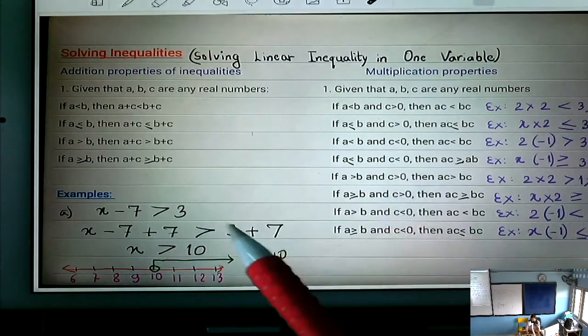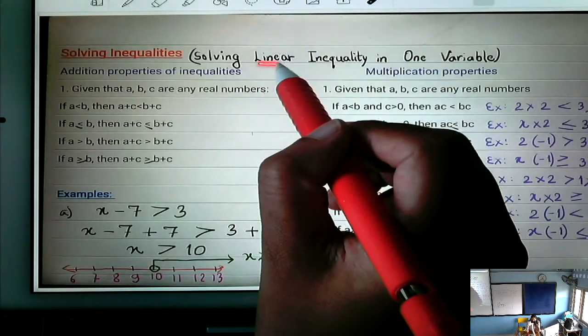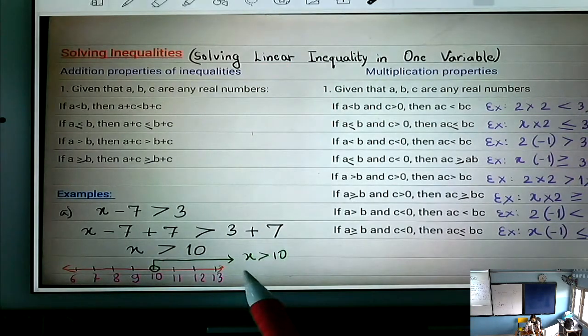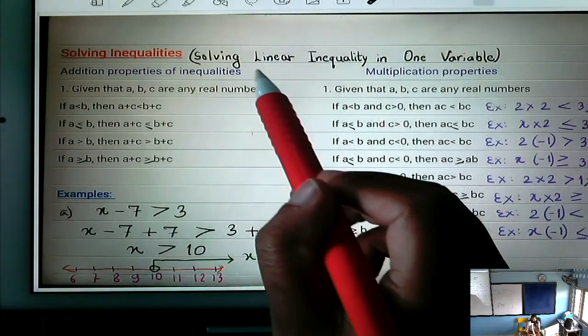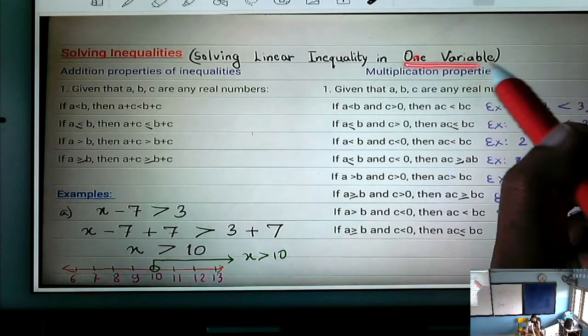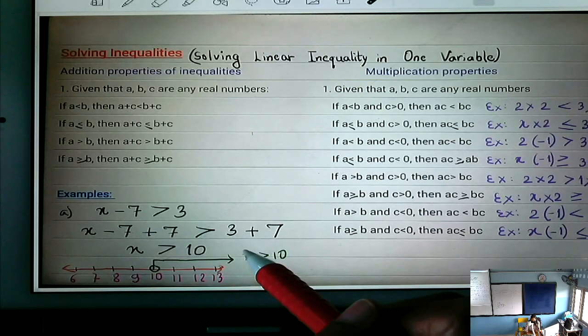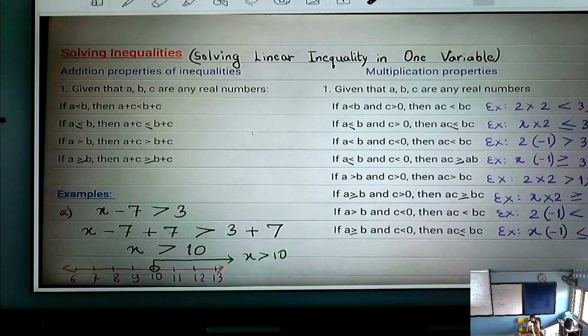The inequality you show in a number line. Linear means a line. So solving in one number line is linear inequality. One variable means only one letter, like here, x is a variable.